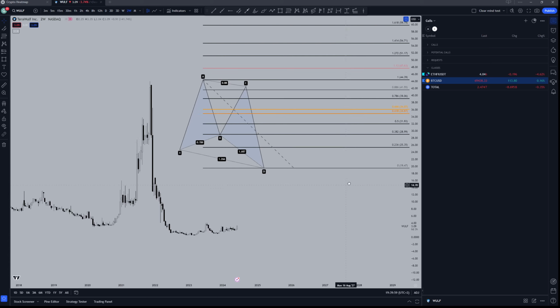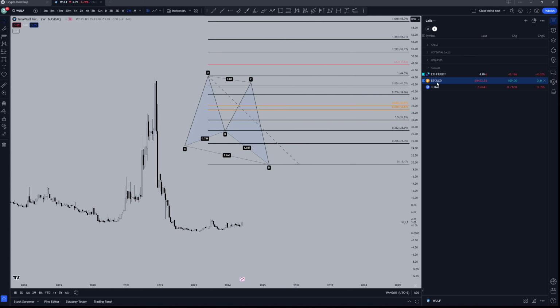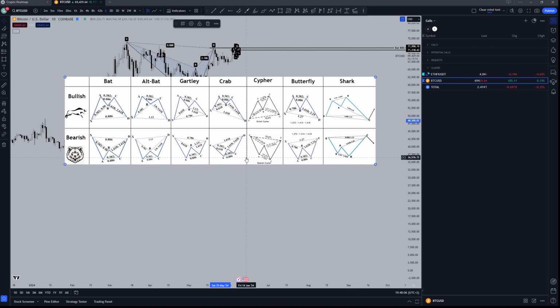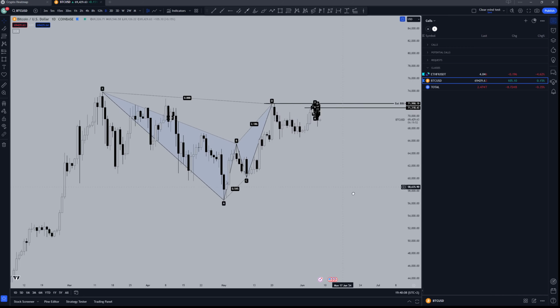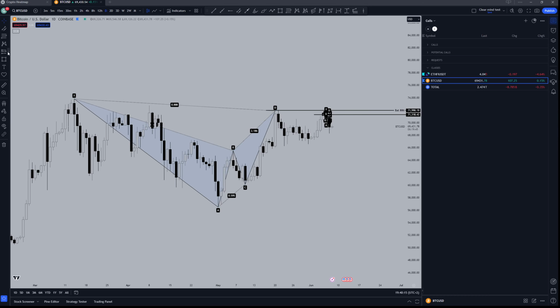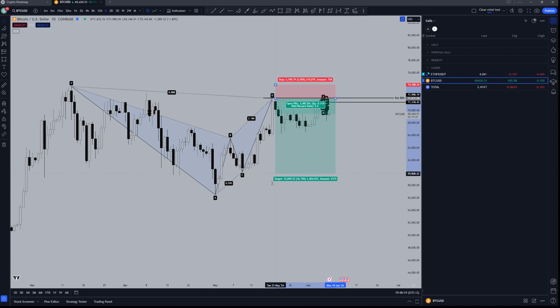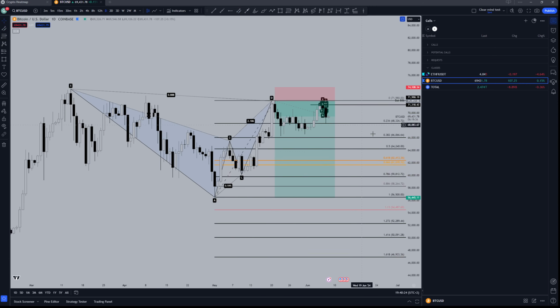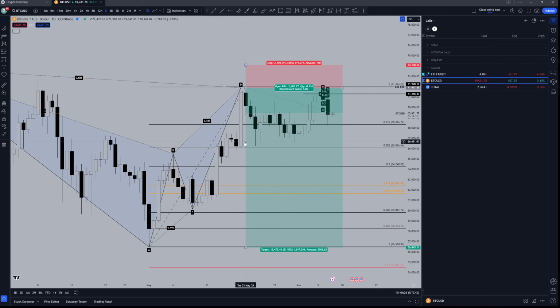What's a type 2 chain reaction? So a type 2 is something we saw on BTC here, where you complete this M shape, you touch your entry level, you hit TP1, which depending on how you play it would either be this 236 or this 382.